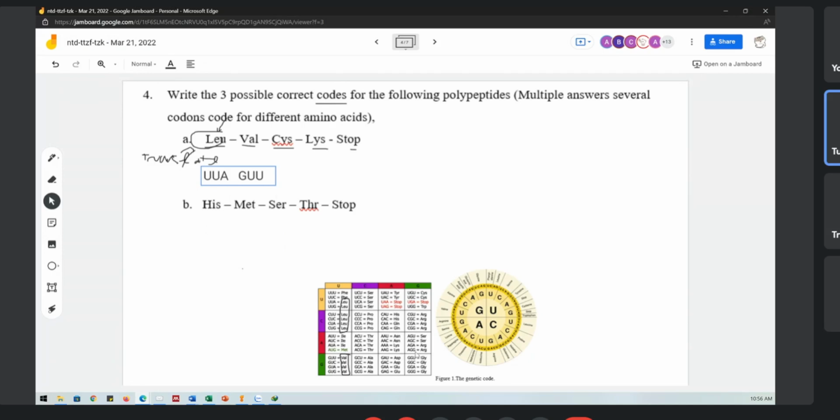Okay, then cysteine. Similarly, we have cysteine here. Here we can use either one, use U, for example. And lysine. Lysine we have here.